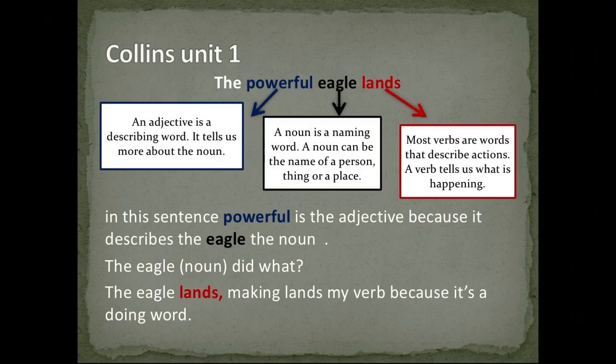I described the ego as being powerful. And what did the ego do? He lands. Okay guys? So powerful is my adjective, ego is my noun, and lands is my verb. It's a really nice and easy lesson. Just a revision. You have to do it in your copybook.